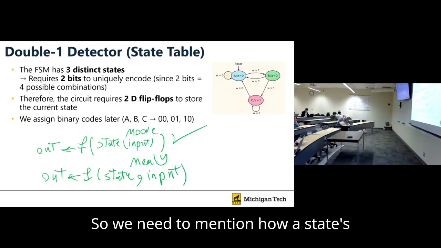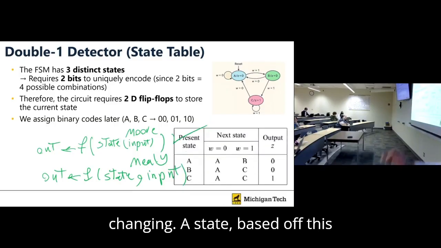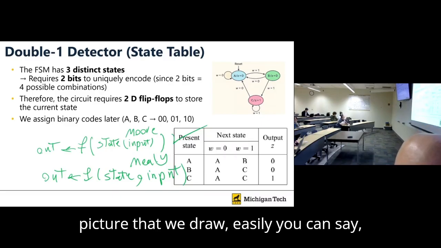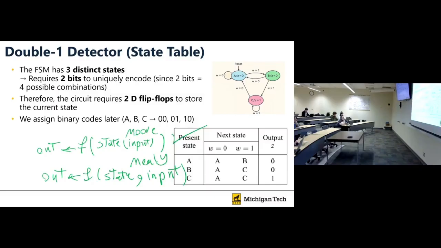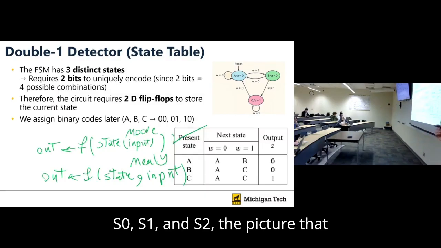So we need to mention how the state is changing. Based off the picture that we drew, easily you can say we have 3 states, A, B, C, or S0, S1, and S2.